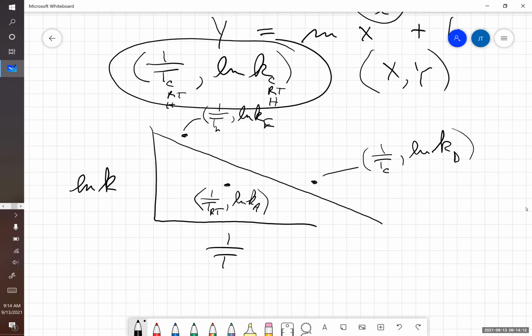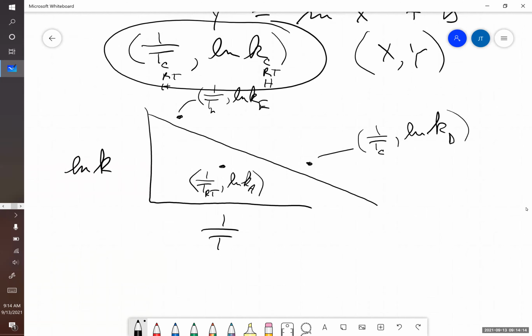And then you're going to ask Excel to give you the formula of this straight line. So it's going to say y equals, and then it's going to give you some number. Call that just number 1, x plus some number b, 2.